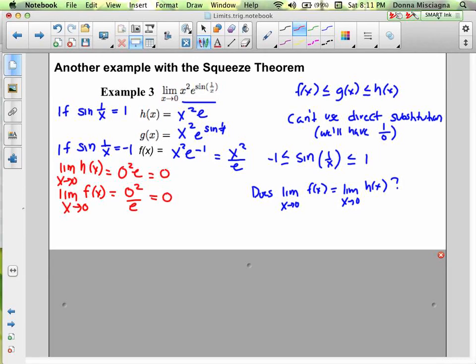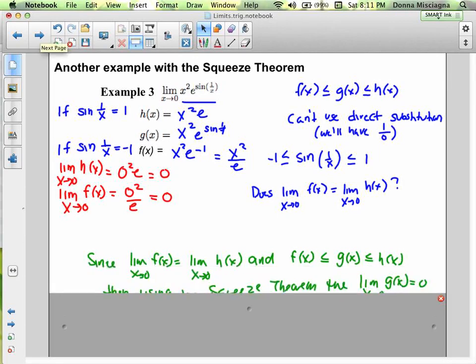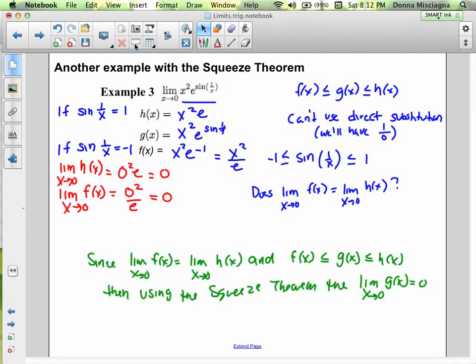That's still 0. If you multiply 0 times e, or have zero in the numerator of a fraction, that's still going to be 0. So notice the limit of f of x as x approaches 0 is equal to the limit of h of x as x approaches 0. And I think I left this up here. And actually, let's just go like that, and it'll move a whole lot faster. There we go.